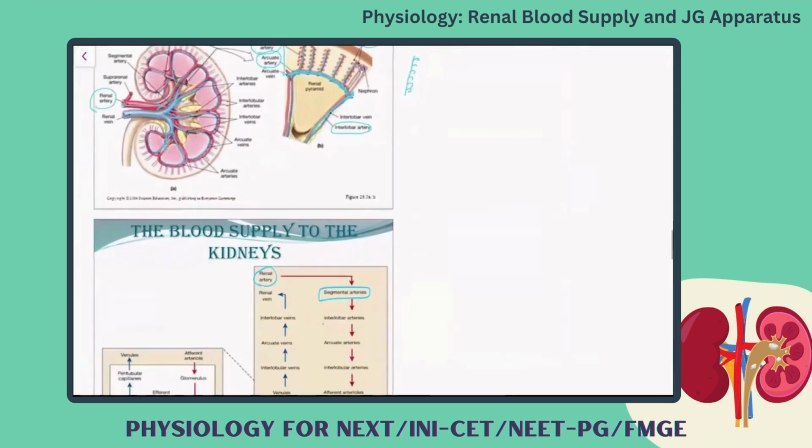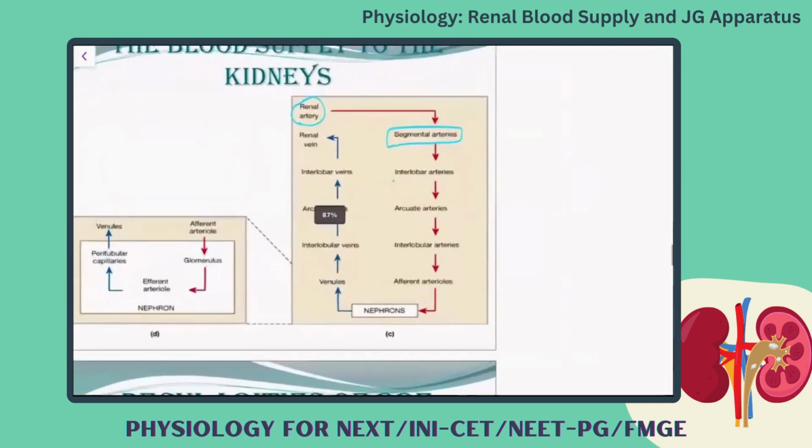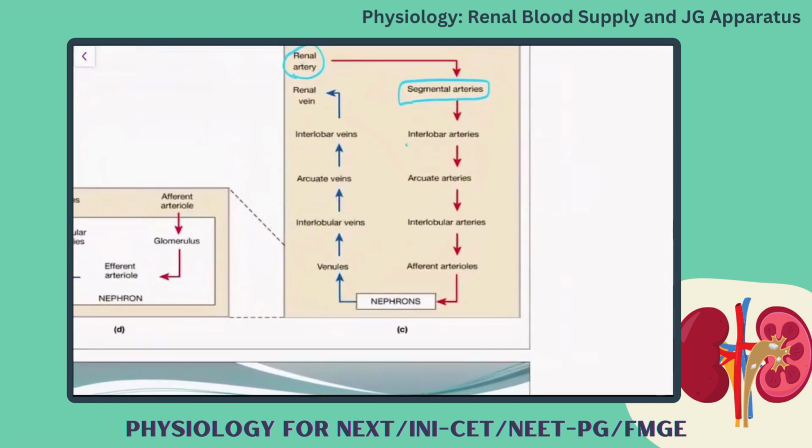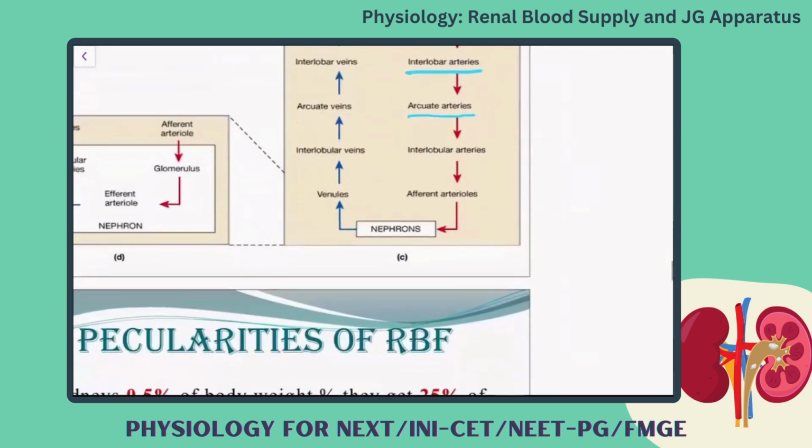Okay, then it is passing on either side of the renal pyramids, which forms the interlobar arteries. Then the base of the renal pyramid, where you are getting the arcuate artery. From the arcuate artery you are getting the branches which are supplying the cortical portions. Interlobular arteries, this is interlobar, this is interlobular.